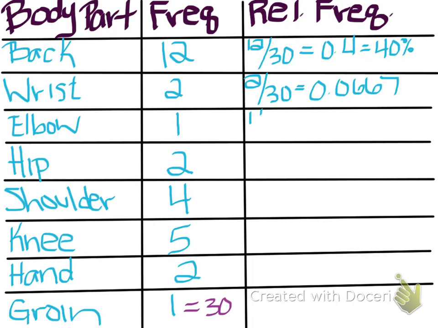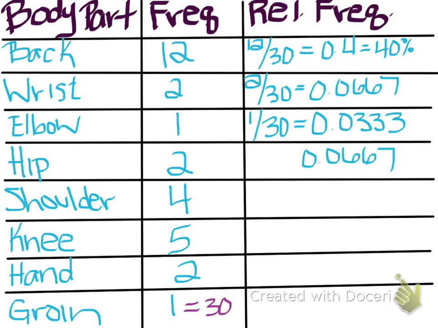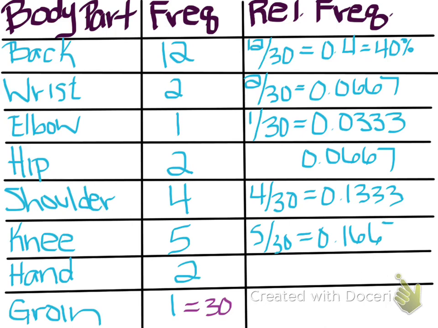All right, moving on, 1 over 30 for elbow. That's going to be 0.0333. 2 over 30, I already found, is 0.0667. Now 4 over 30, 0.1333. 5 over 30, 0.1667.